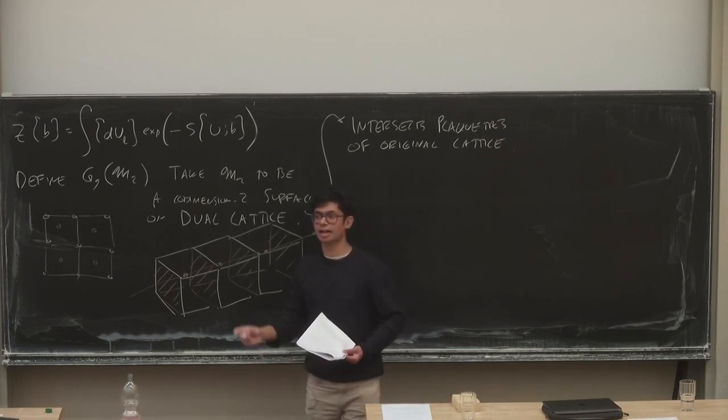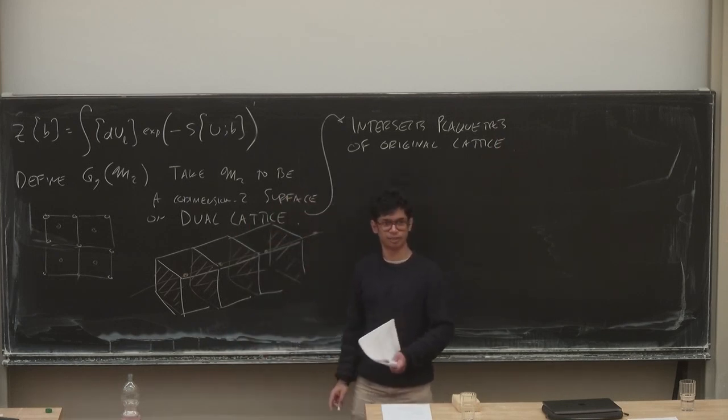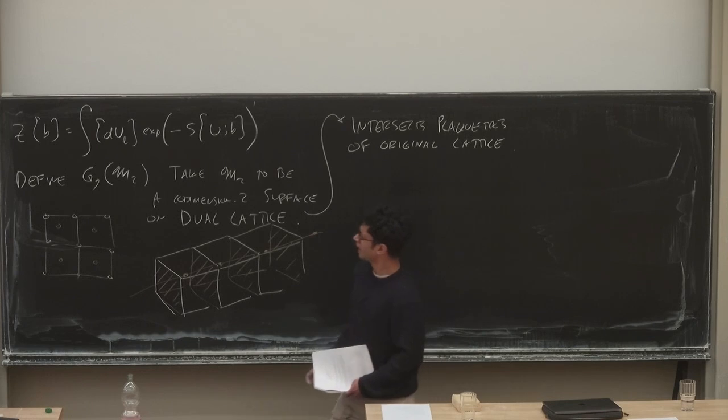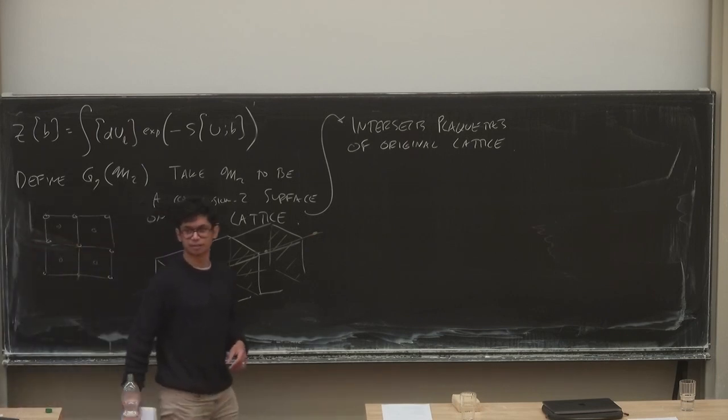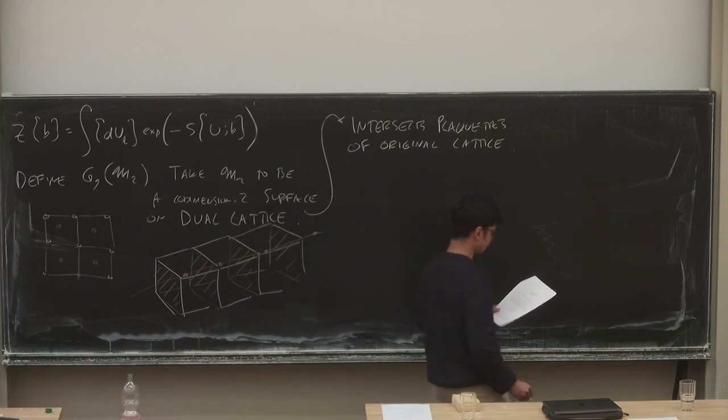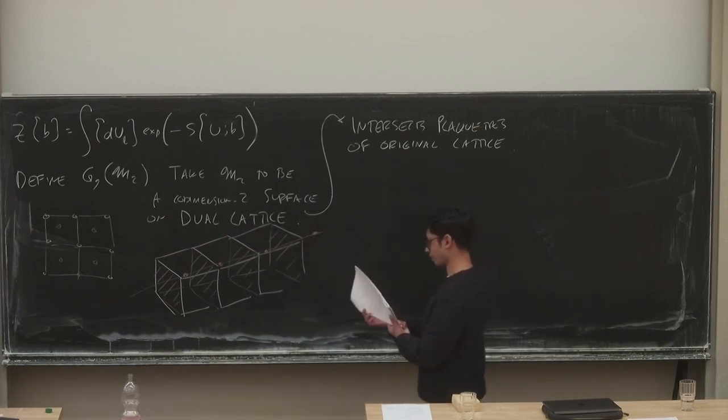And this statement holds in any dimension, even though I can only draw a picture for 3 and also for 2. For 2 dimensions, codimension 2 is a point, and it clearly intersects a plaquette. That's a really simple picture. Everyone happy with this geometry? Okay, good. Now we can define the operator.